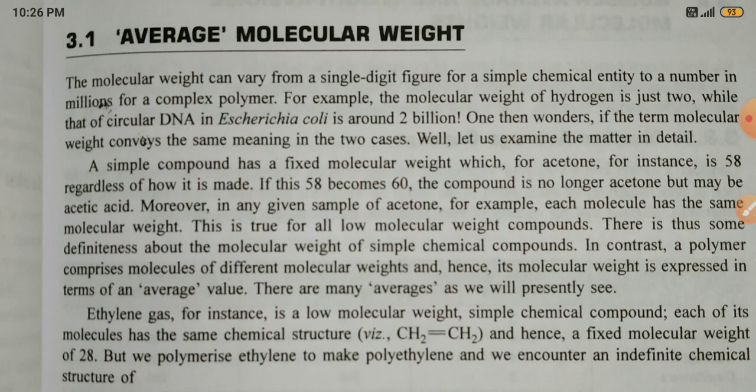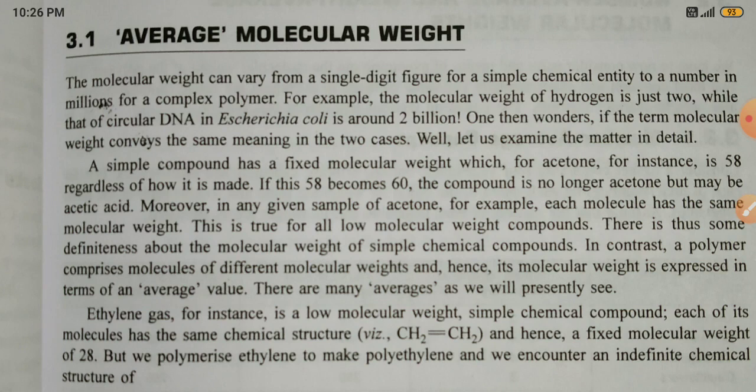A simple compound has a fixed molecular weight, which for acetone, for instance, is 58 regardless of how it is made. If this 58 becomes 60, the compound is no longer acetone but maybe acetic acid. Okay.